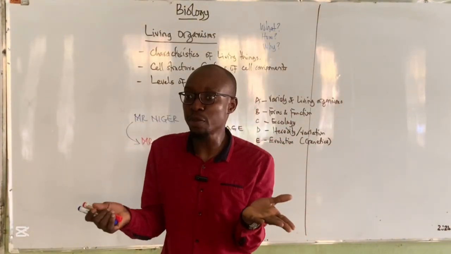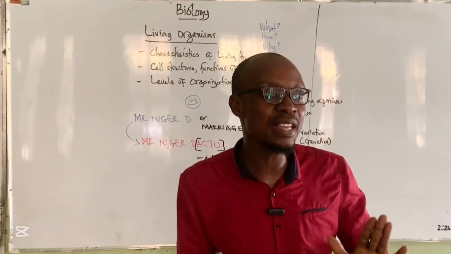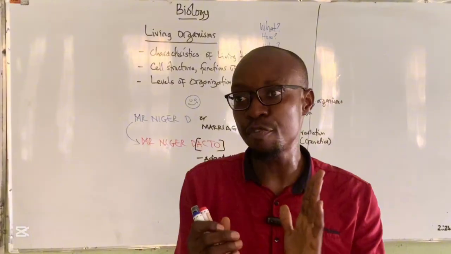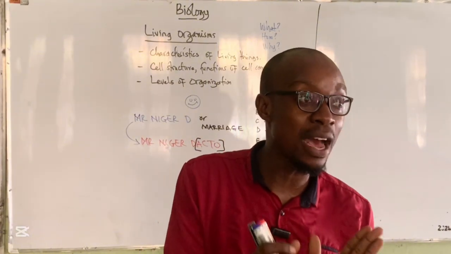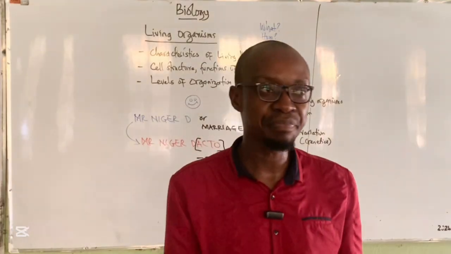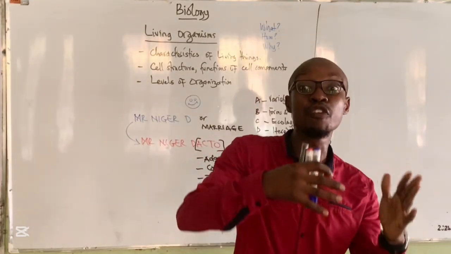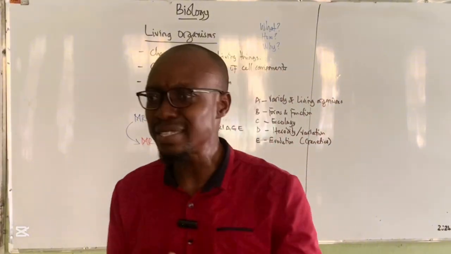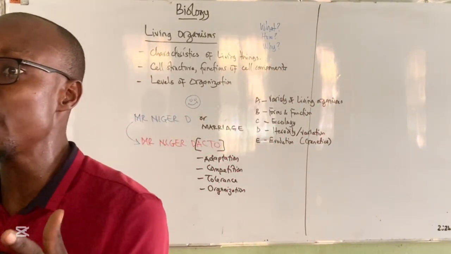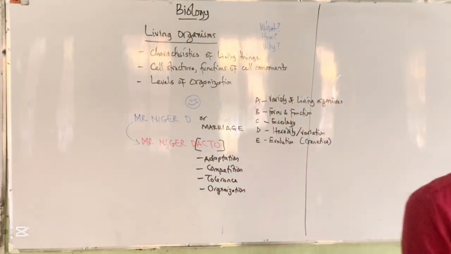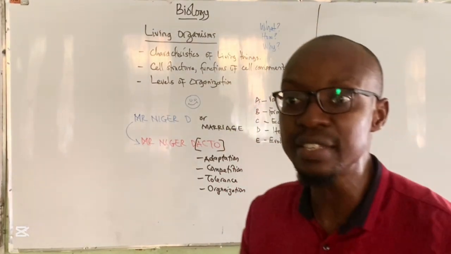You simply define respiration by saying that it is a process whereby food substances are broken down in the cell. Or you say respiration is a series of biochemical activities. There are a lot of ways you can define respiration. You can say respiration is a series of biochemical activities in which glucose is broken down to release energy.